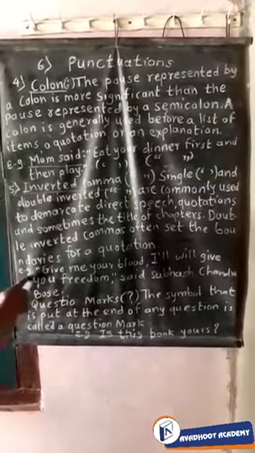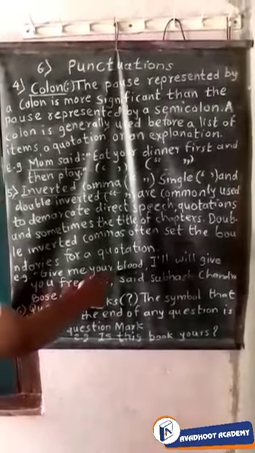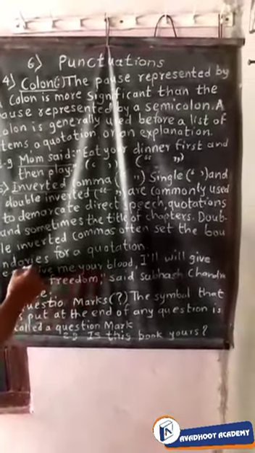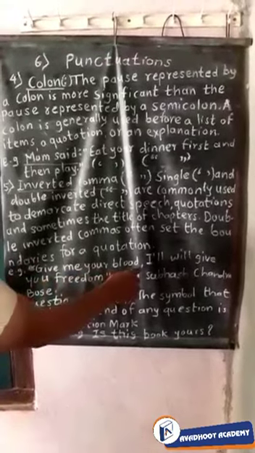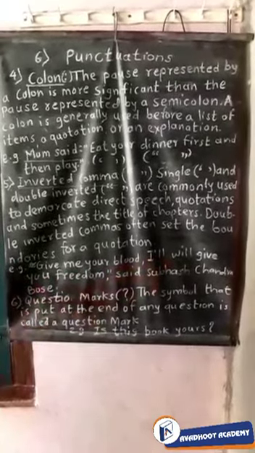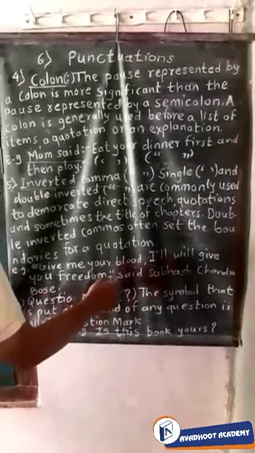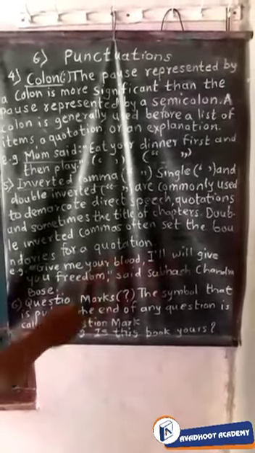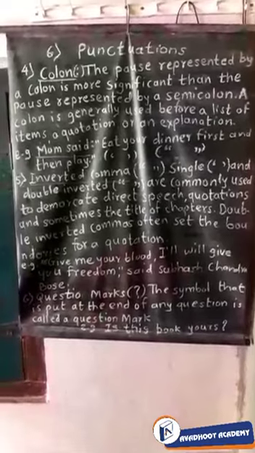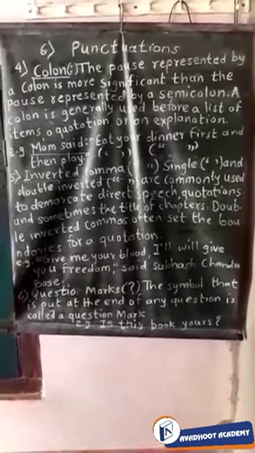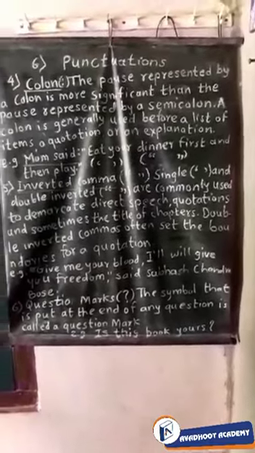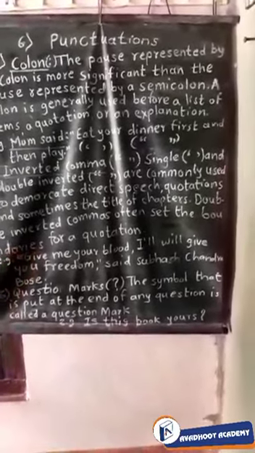For example: "Give me your blood, I will give you freedom," said Subhash Chandra Bose. The sentence begins with a double inverted comma. It is the speech of Subhash Chandra Bose, who said, give me your blood and I will give you freedom. So this sentence is very useful.